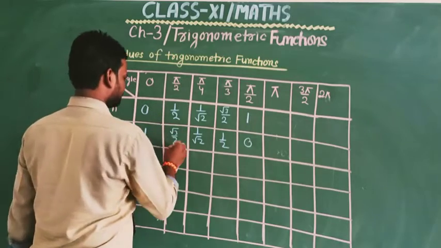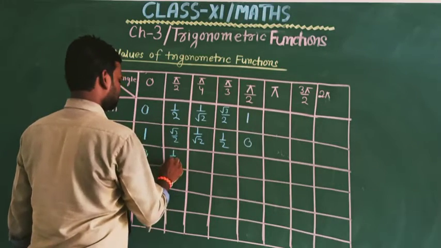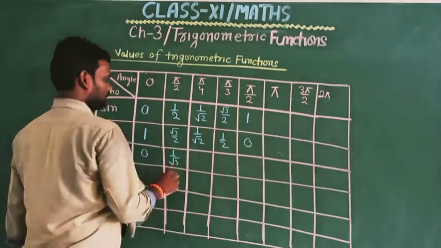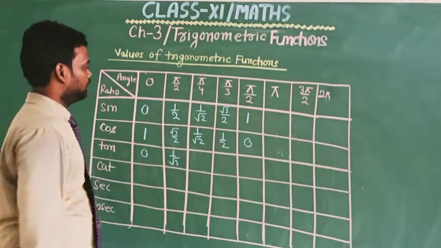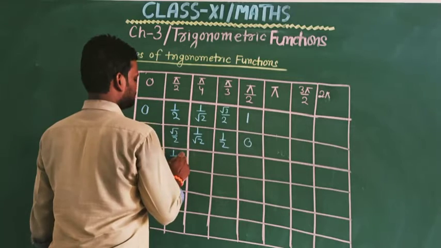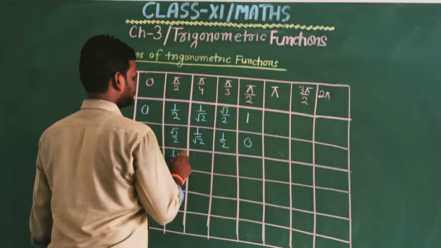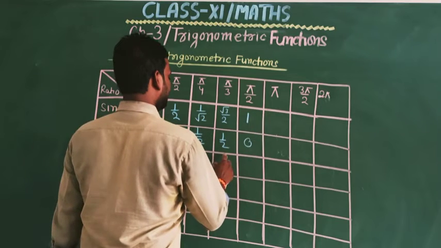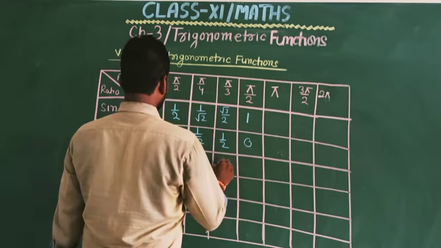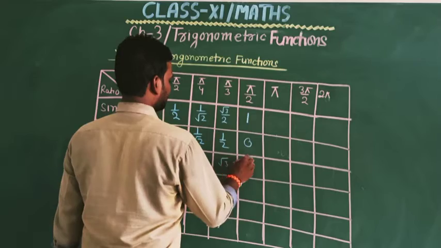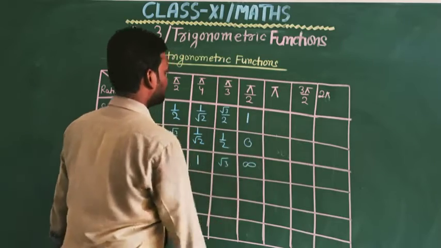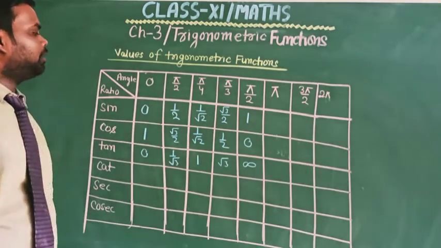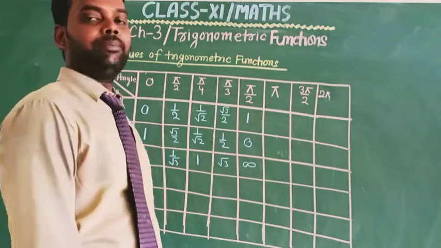This is 1 upon root 3, and this is 1. tan 60 is root 3, and pi by 2, meaning 90, is undefined.